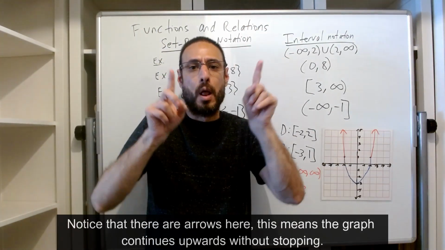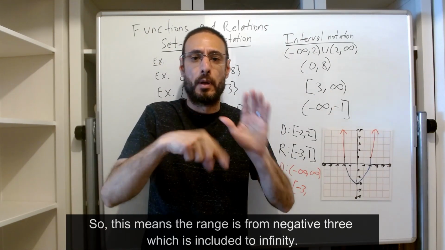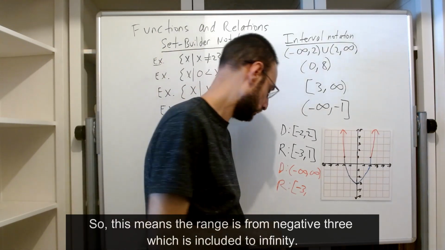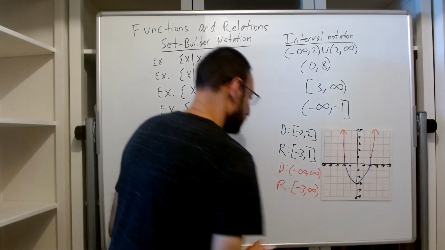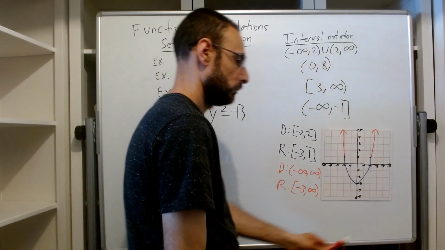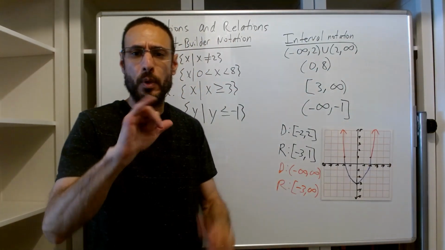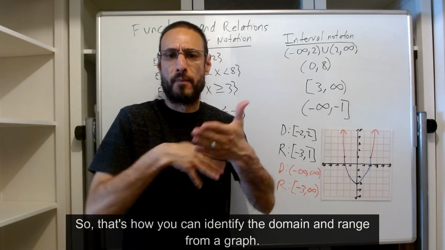This means the graph continues upwards without stopping. So, this means the range is from -3, which is included, to infinity. So, that's how you can identify the domain and range from a graph.